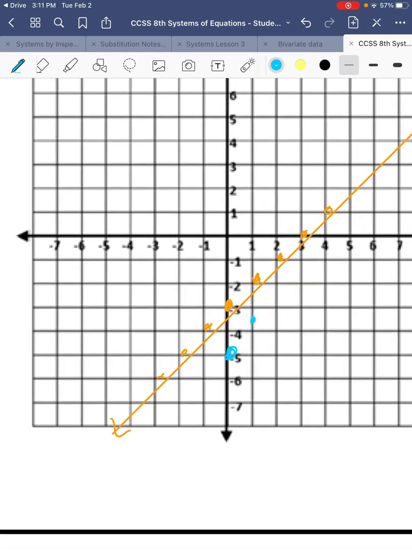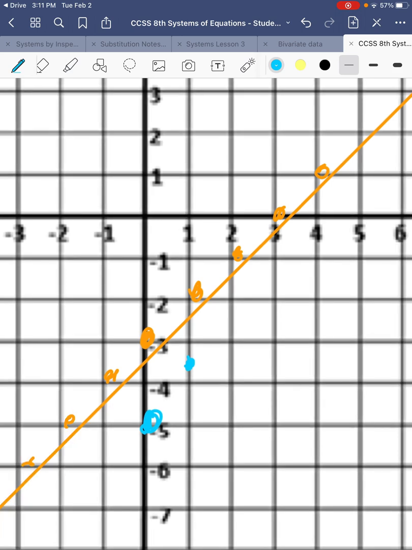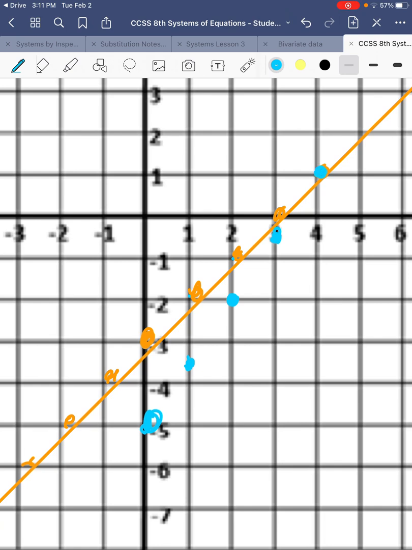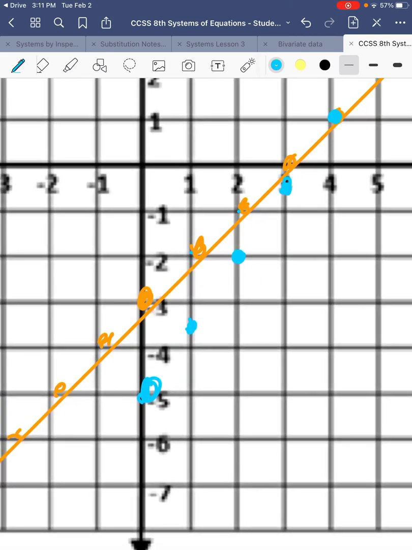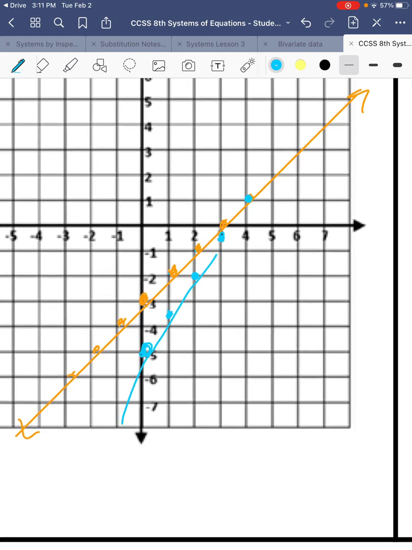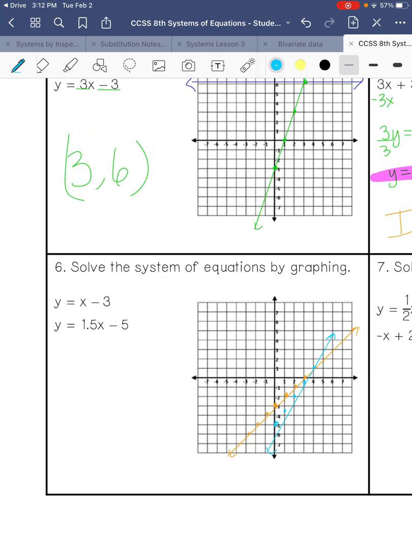Going by 1.5s, again, you won't have anything quite this tricky on your test, but when I blew this up, you could see where I was going to the halfway mark, and then I went up 1.5. This one was a little trickier than the rest, but I just did it until I found a good intersecting point, which happened to be at 4, 1.